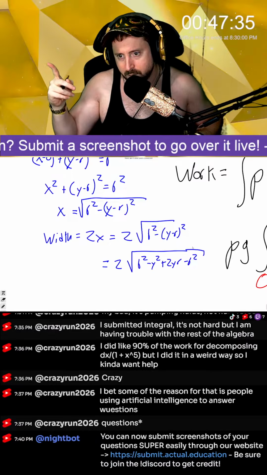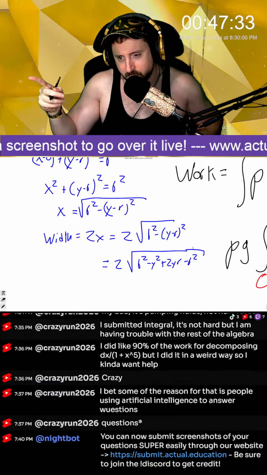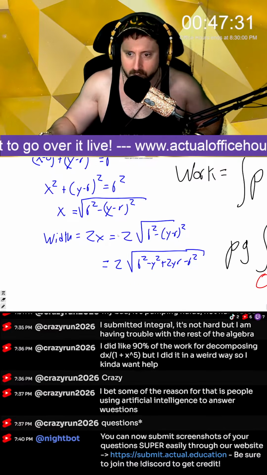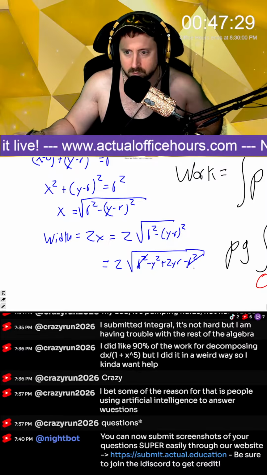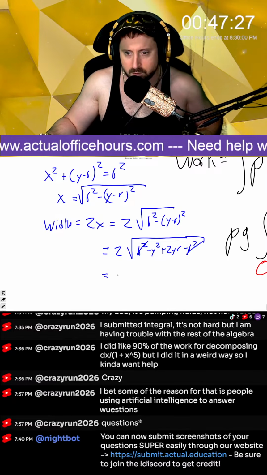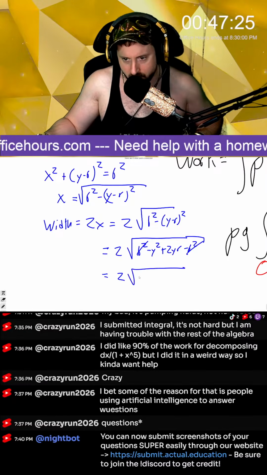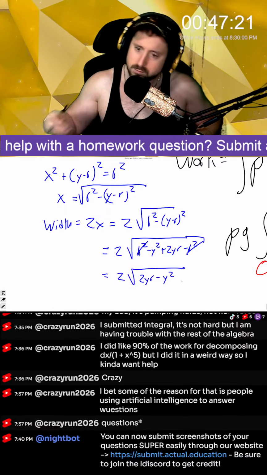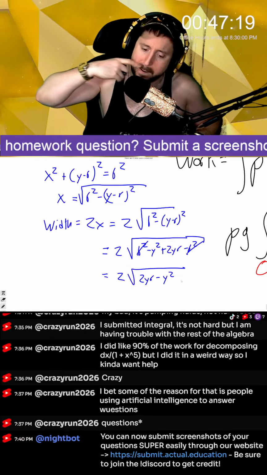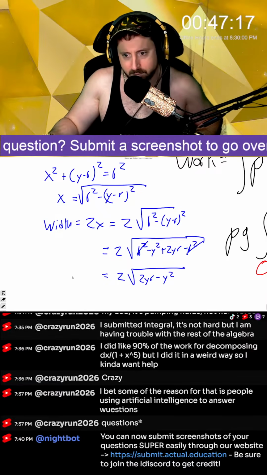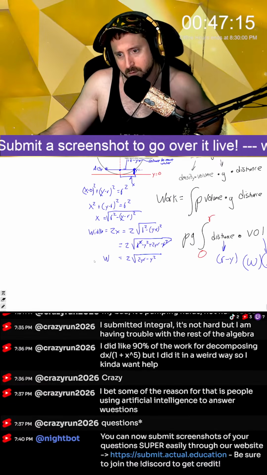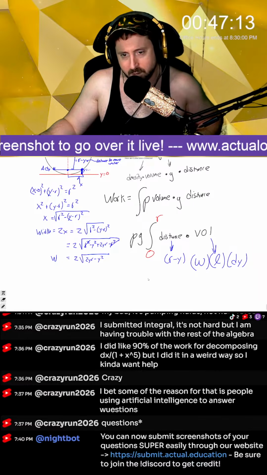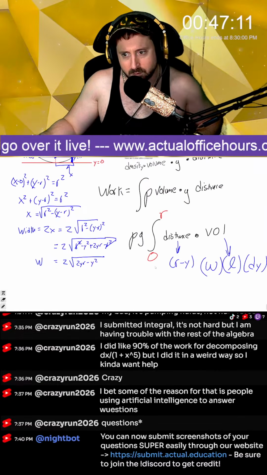R squared minus, or plus, 2yr. Yeah, okay, so this cancels. And so you get 2 square root of 2yr minus y squared. Nice. That's equal to the width. Kind of ugly, honestly.